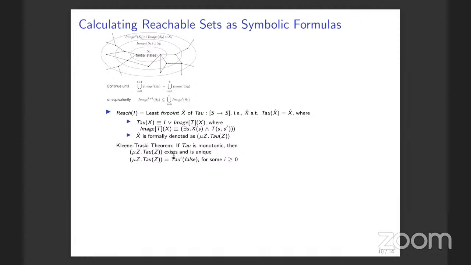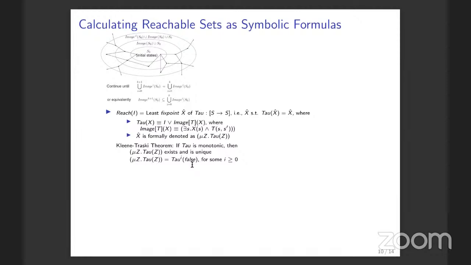And what the Kleene-Tarski theorem also states is that when tau is monotonic, then the least fixed point can be computed as the limit of a chain of tau applications starting from false.